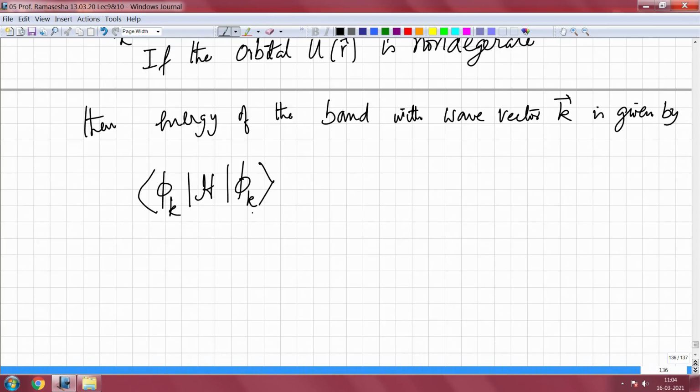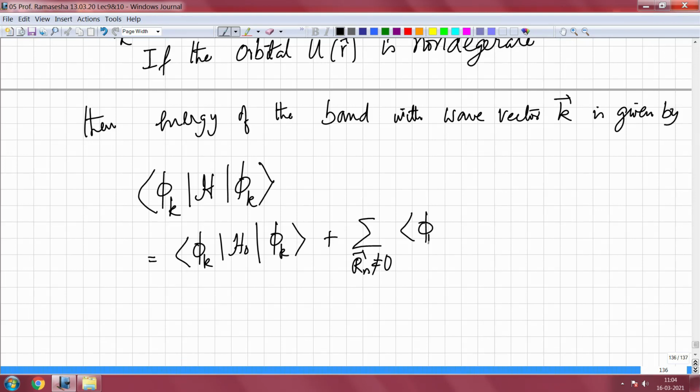So this we can actually expand. We can take this as equal to phi k H naught phi k plus sigma over Rn not equal to 0 phi k V of R minus Rn phi k.